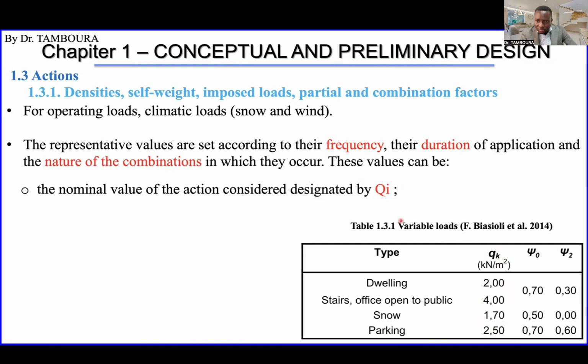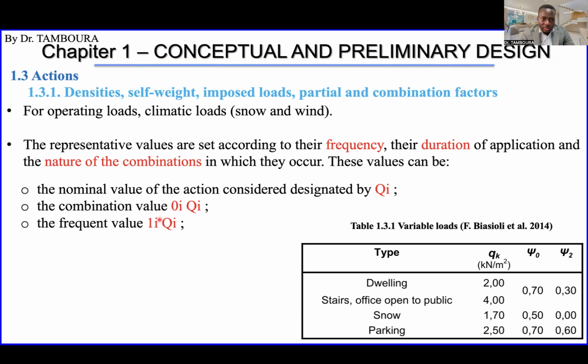Then the coefficient psi 0 is the combination value, used when you want to combine loads, because as you will see soon, we have to combine permanent load and variable load to obtain the design load.